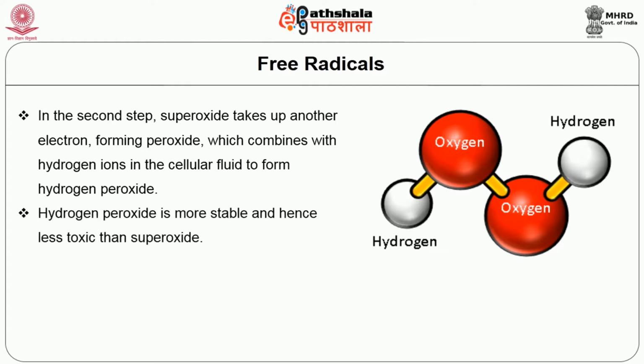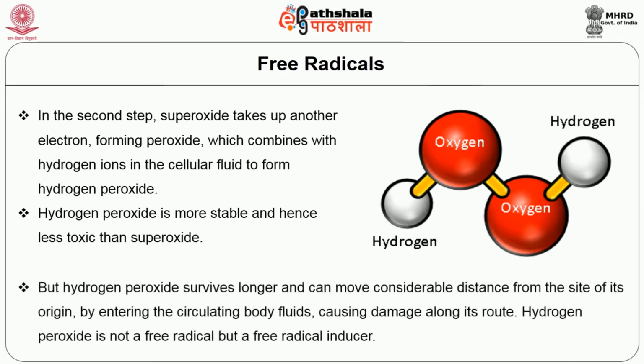Hydrogen peroxide is more stable and hence less toxic than superoxide. But hydrogen peroxide survives longer and can move a considerable distance from the site of its origin by entering the circulating body fluids, causing damage along its route. Hydrogen peroxide is not a free radical but a free radical inducer.